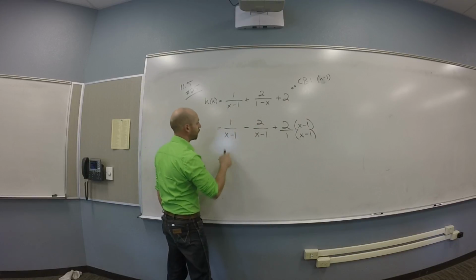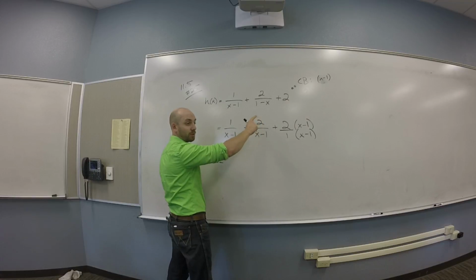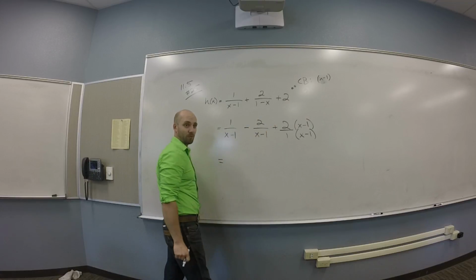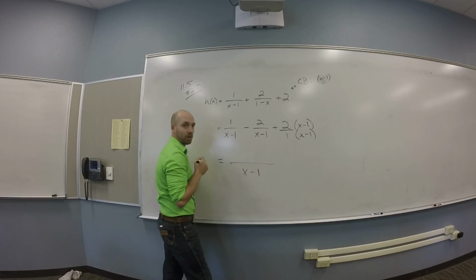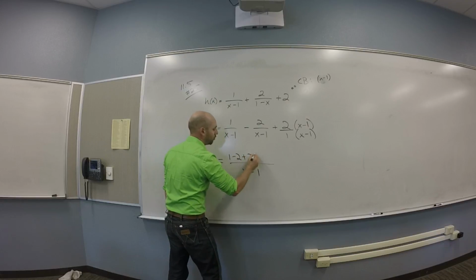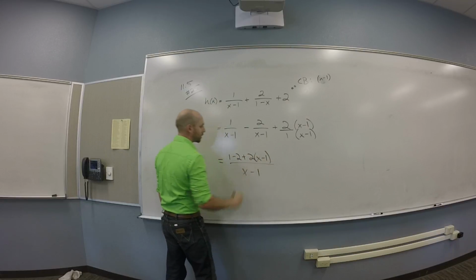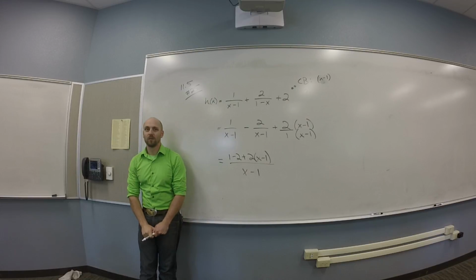Okay, so now I have 1 of those, take away 2 of those, plus some weird number of those. So all told, I'm talking about x minus 1s, and I have 1 minus 2 plus 2 times the quantity of x minus 1. You guys all with me on that?